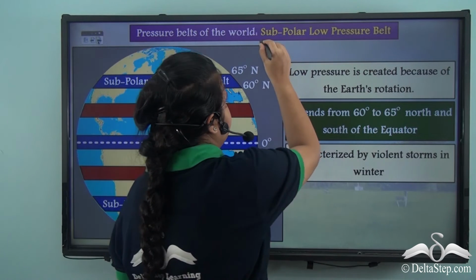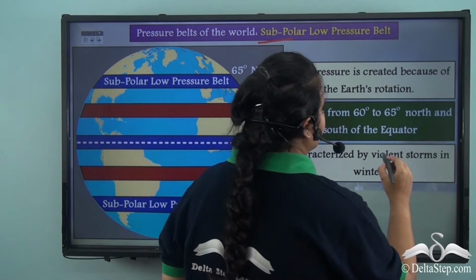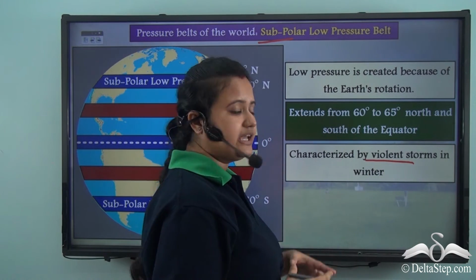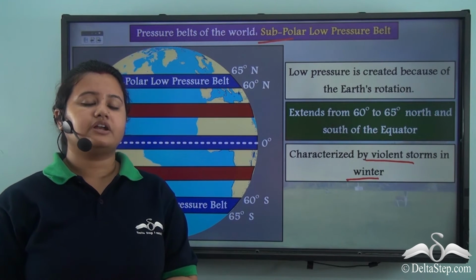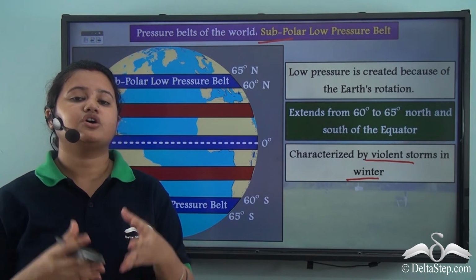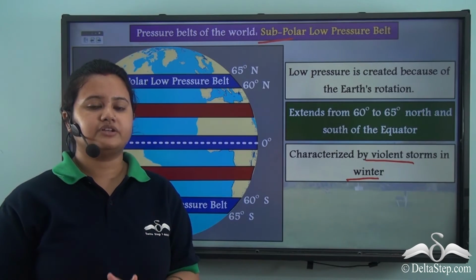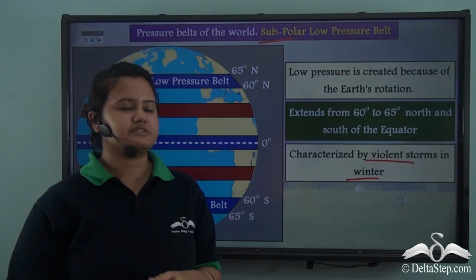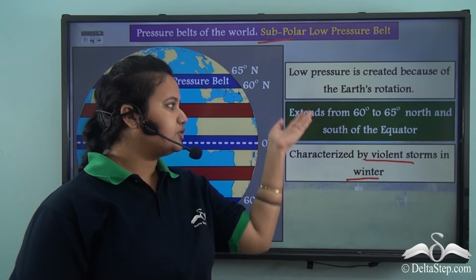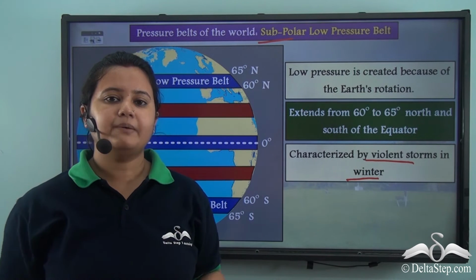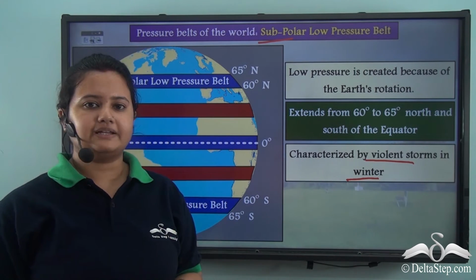Subpolar low pressure belt is characterized by violent storms, especially in winter season. Violent storms occur in this region because of the convergence of two types of winds. We will read about this while studying about winds. So, these are the important characteristics of subpolar low pressure belt.